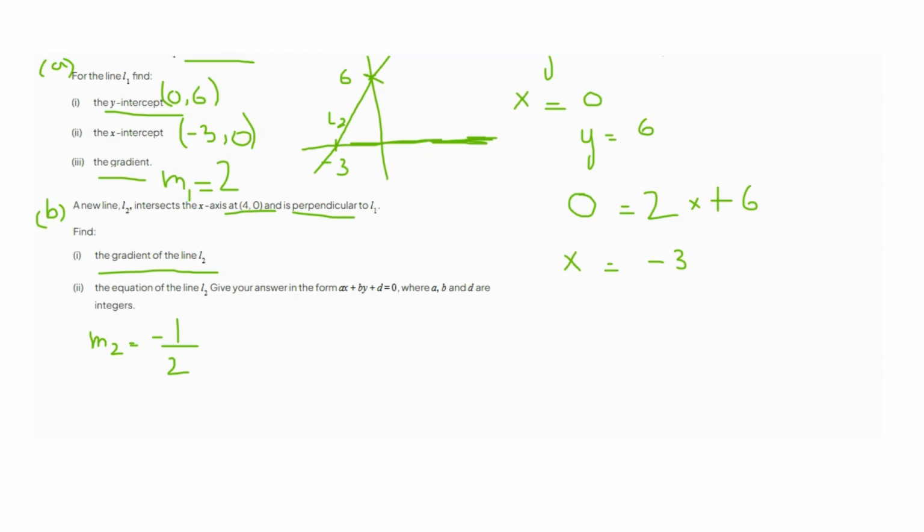Moving on, we need to find the equation of the line L2, and we need to state our answer in this form. So let's look at the coordinates. One point is given and one slope is given. So we use the point-slope formula, which is y minus y1 equals m times x minus x1.